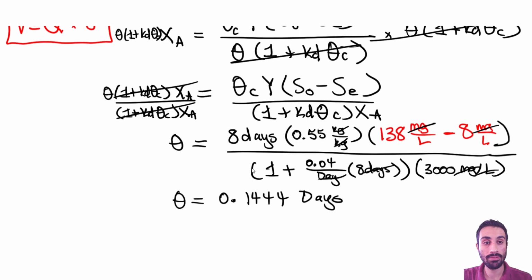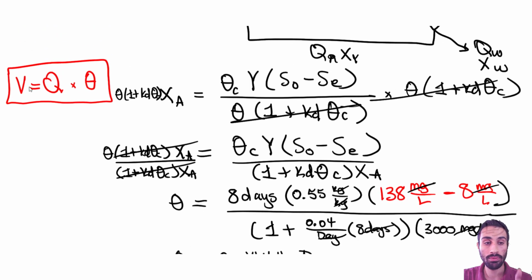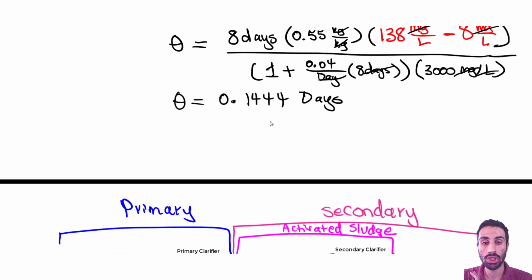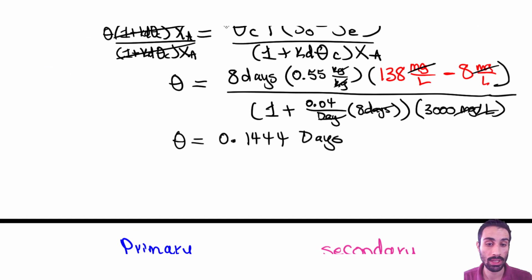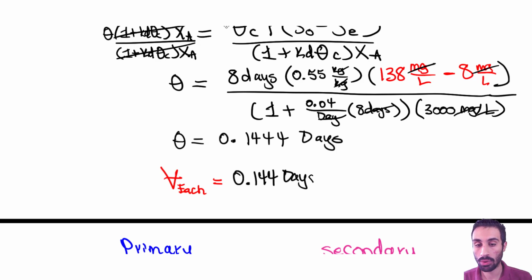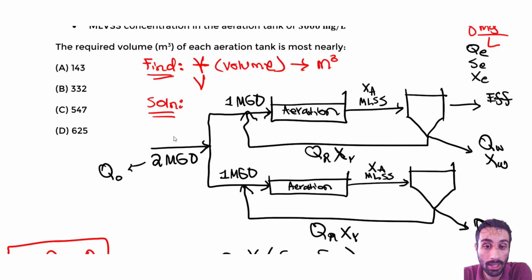So we have our theta value. We're basically done. Then we do V equals Q times theta. So the volume for each aeration tank equals your theta value, which is 0.144 days, and you multiply that by your flow. So this is going to be the Q value. What do you use?